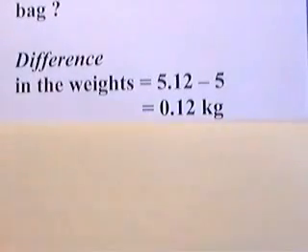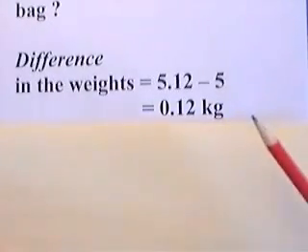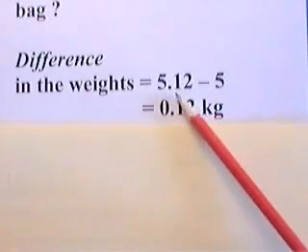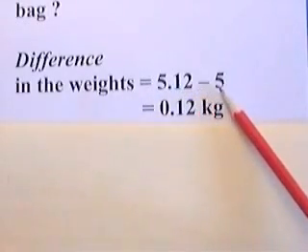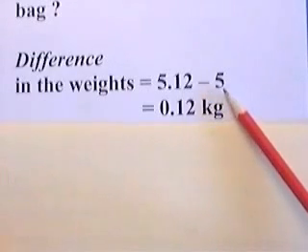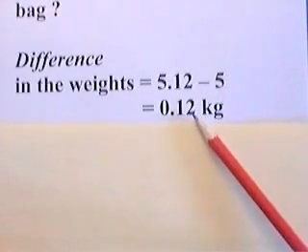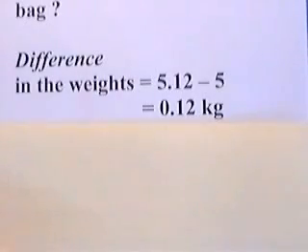Okay, find the difference in the weights, meaning find the difference between what it actually is, 5.12, and what it should have been, 5 kilograms, and the difference comes out at 0.12 kilograms.